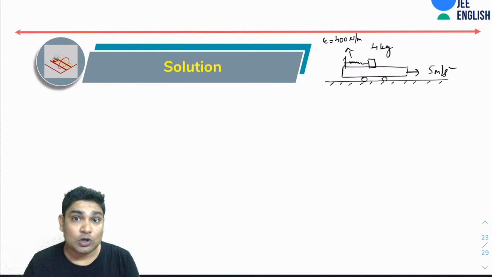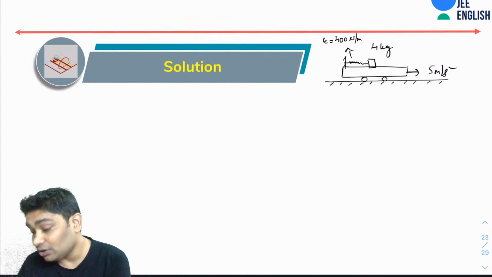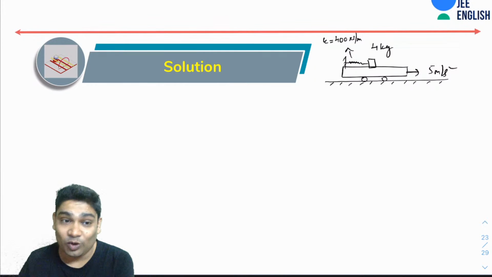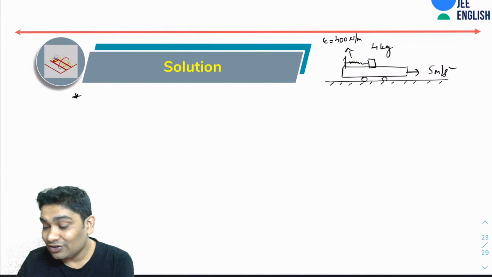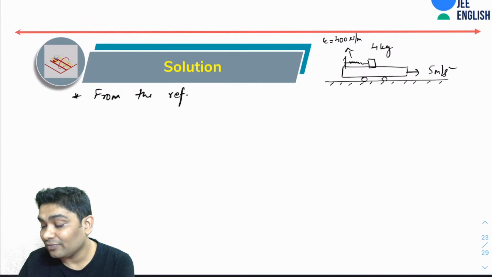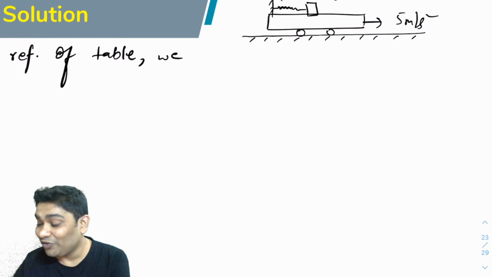The easiest way to solve this problem is by moving into the reference frame of the table. So that is what we are going to do first. Let's try and figure out what we will see.